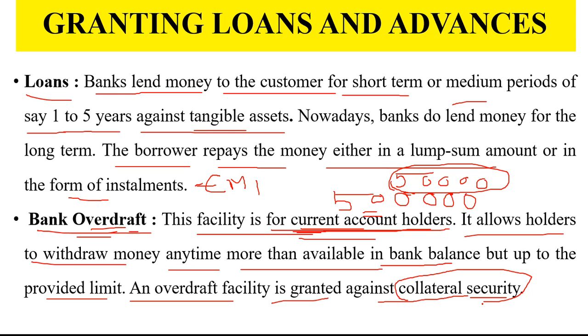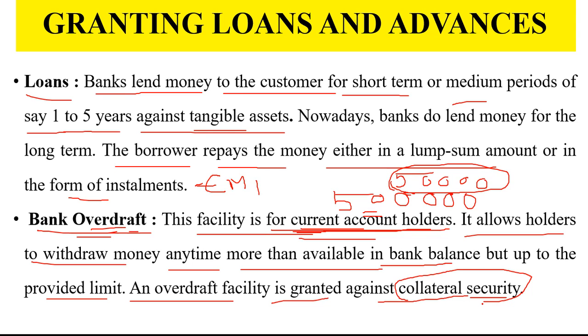Now what is this collateral security? Collateral security is an asset or piece of property that a borrower offers to a bank as security for a loan, for example land or buildings.